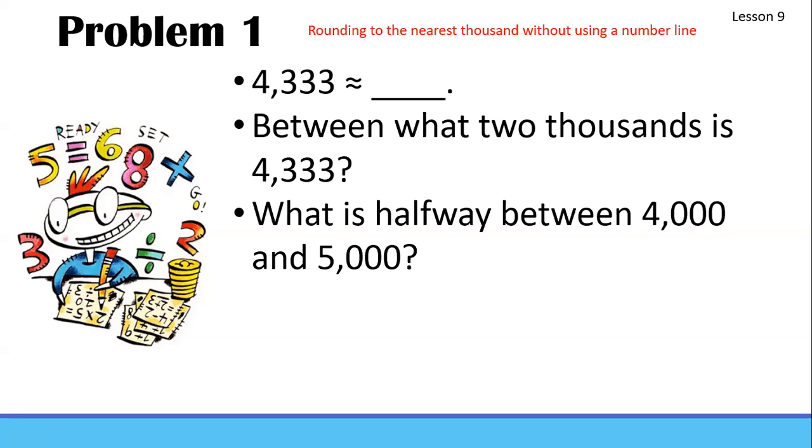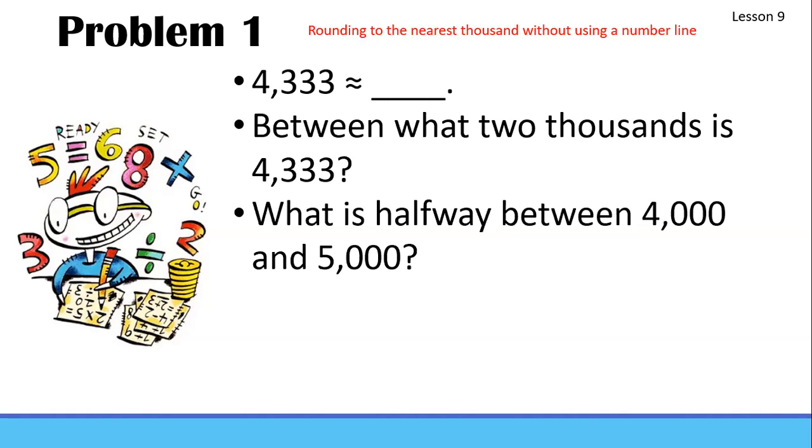Now, what is the halfway point between 4,000 and 5,000? It'll be 4,500. One of the tricks that I know is I put a 5 in the place value nearest to the one that I'm rounding.